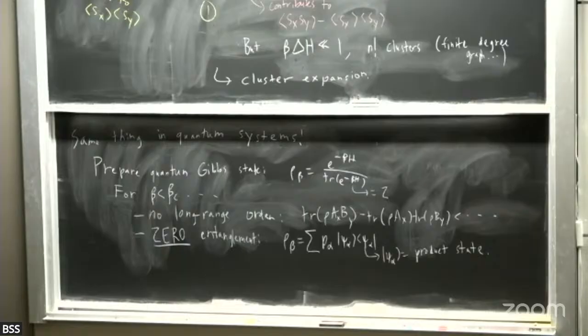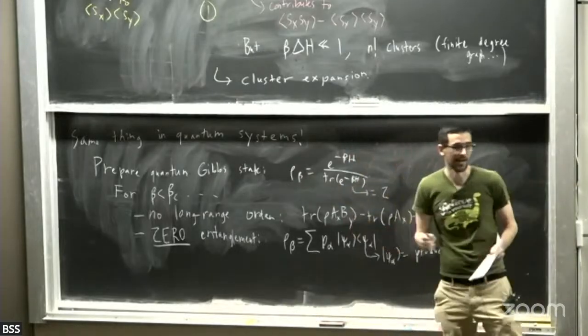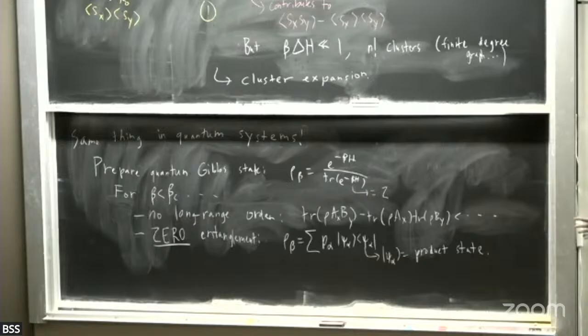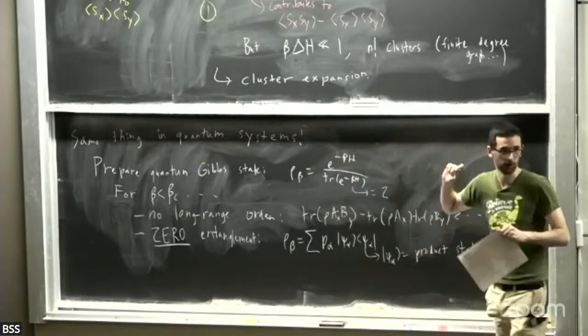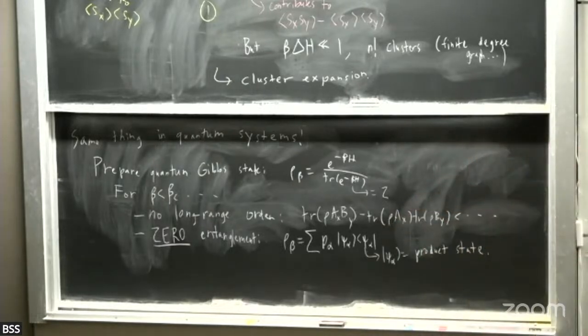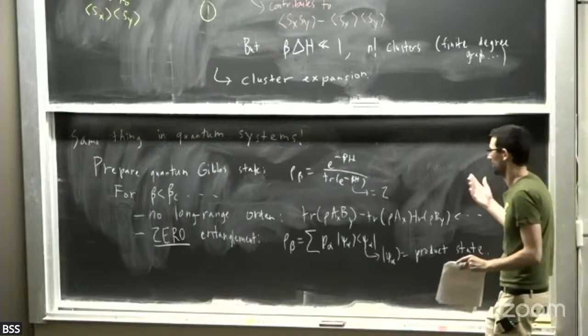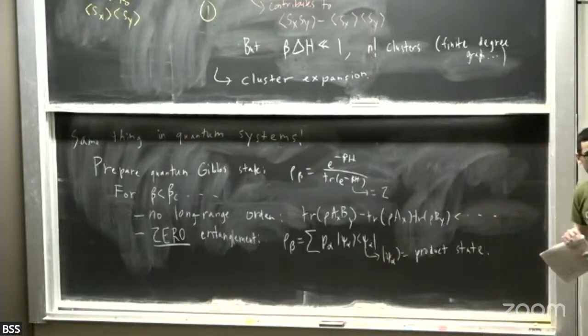Does that mean that connected correlation should be 0? No, because for example, take H to be a classical model like the Ising model, right? You could still have this condition, but have classical correlations that are long range. So you can use the same cluster expansion to say there's no long range order, and then with similar techniques you can make this much stronger statement and argue that there's zero entanglement.